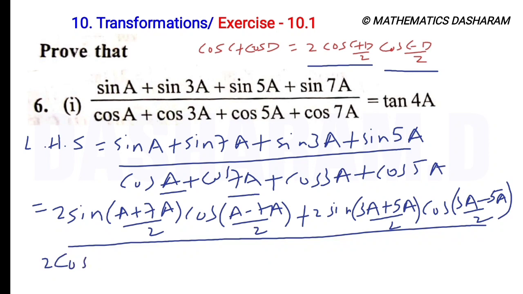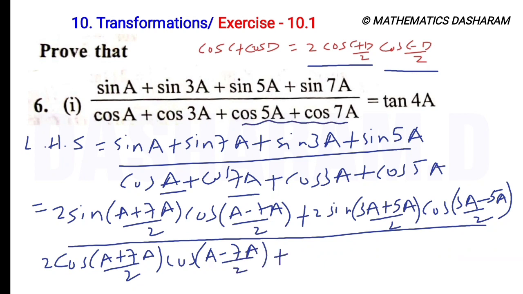So 2 cos((A plus 7A) by 2) into cos((A minus 7A) by 2), plus again the same formula, so 2 cos 5A.